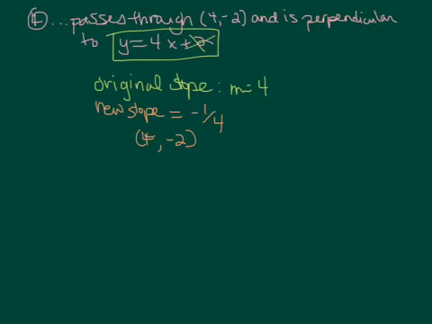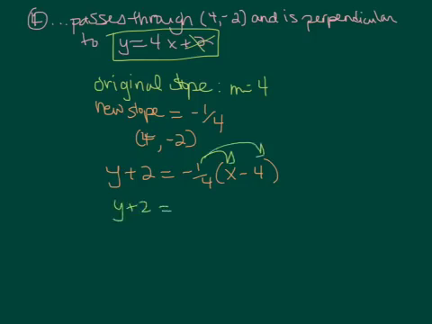So I'm going to use what I know about writing equations of lines. I'm going to write this one in point-slope form. You'll actually find it's not as bad as it looks, because when you distribute the negative 1/4, you'll end up getting y plus 2 equals negative 1/4 times x. Negative 1/4 times negative 4 actually is going to give you plus 1.